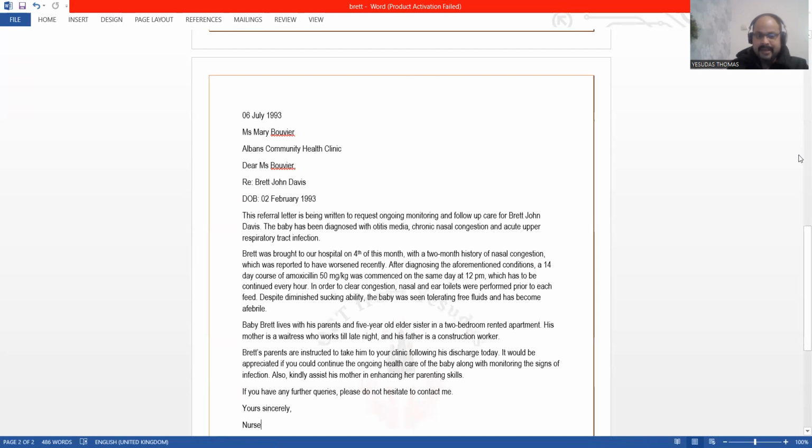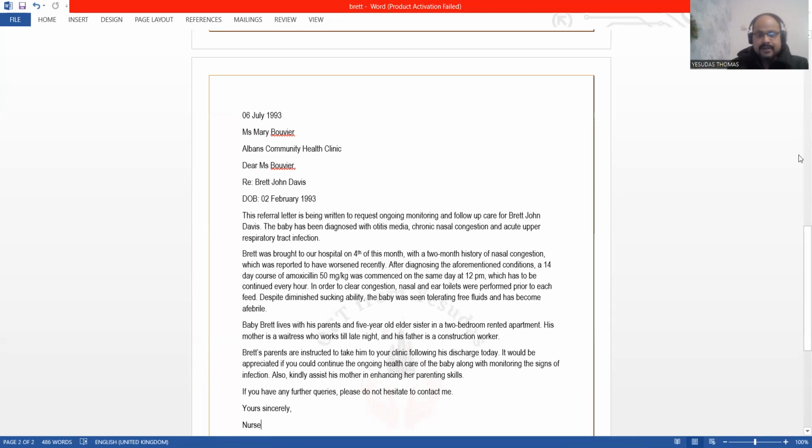The baby has been diagnosed with otitis media, chronic nasal congestion, and acute upper respiratory tract infection. So it's a very simple purpose paragraph. We don't have anything complicated there. We have just omitted the day of discharge, so don't think that I have omitted it. We have added it towards the last paragraph.